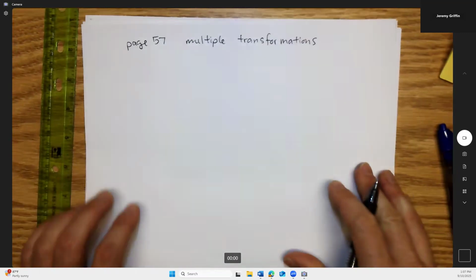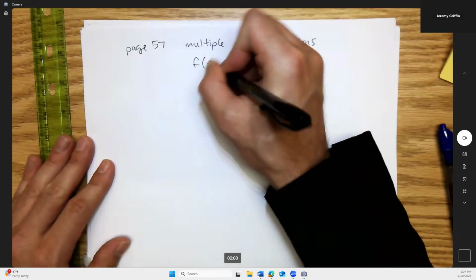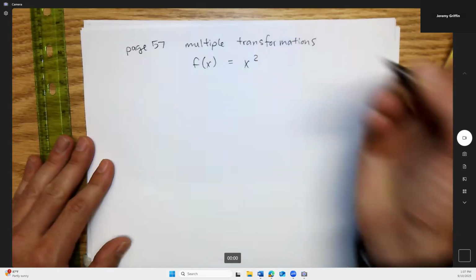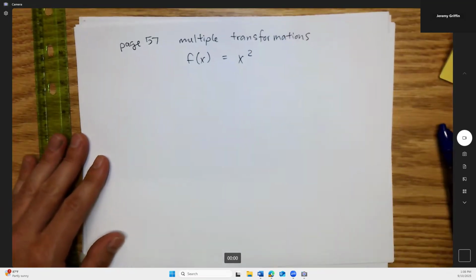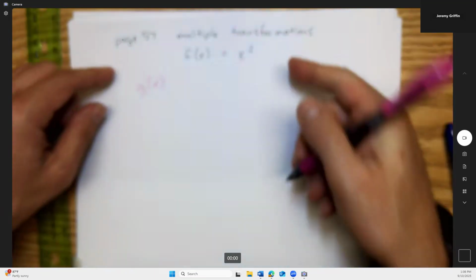Okay. So here, let's have my parent function. I'm going to stick to that parabola since I've been using that all along. So f of x equals x squared. And then for g of x, I'm going to do something really complicated. We'll just do f of x and g of x just for this one.